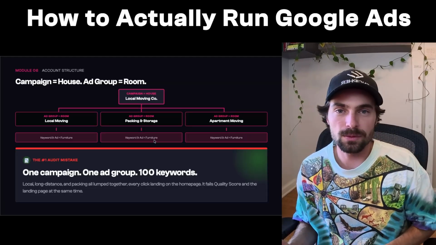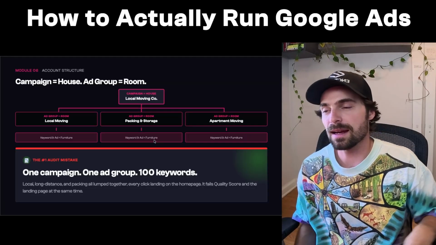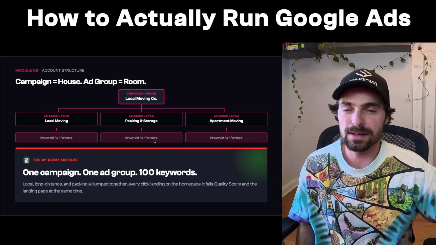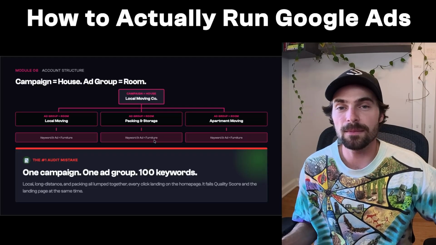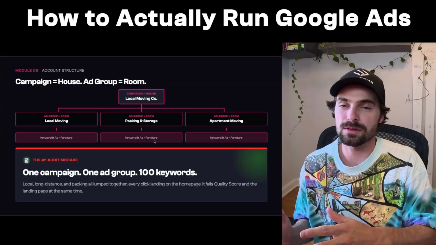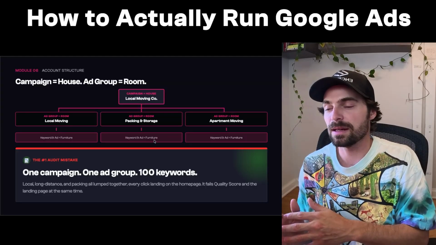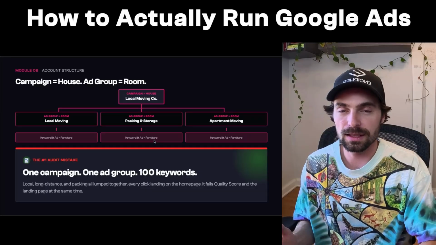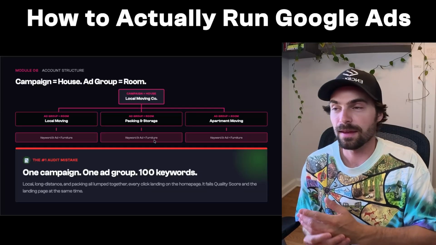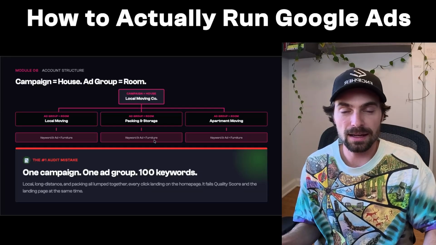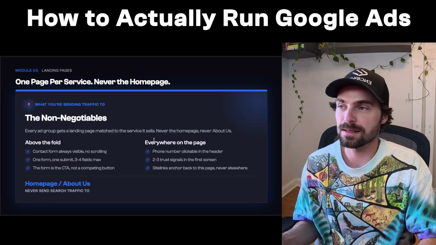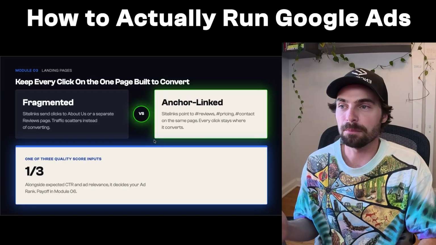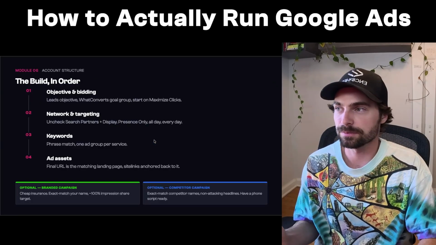But if you don't have the resources or the budget to set up all of these very specific landing pages for all your different services, that's okay. But our clients who get the best results have a specific landing page built for each one of their services. And that is how we get a really good ad quality score that helps us get a good ad rank and win an auction against some of our competitors that might be bigger than us.